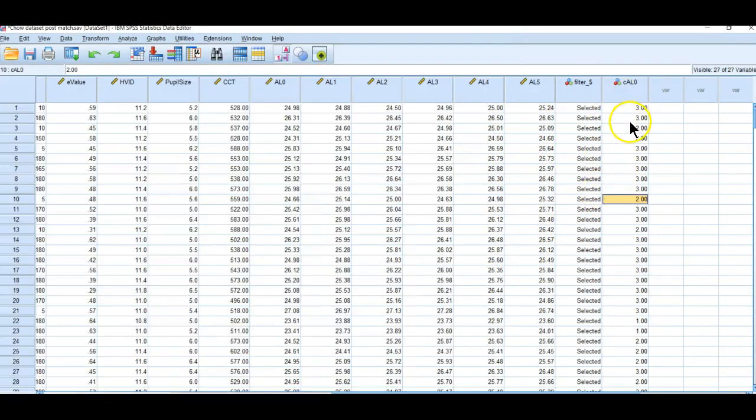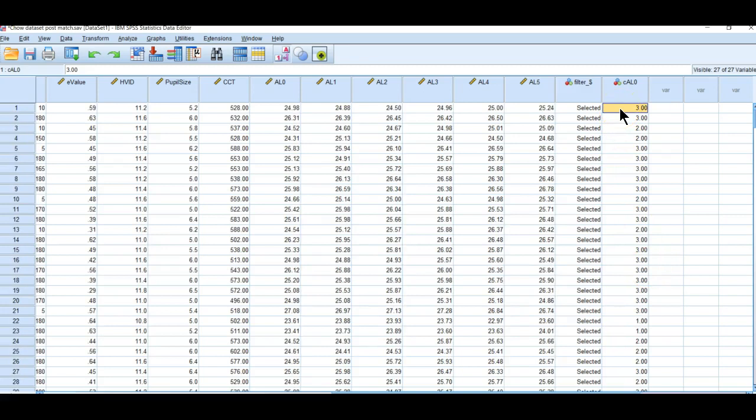So, for example, this first one, the category is 3. And if we look at baseline, 24.98 was really that big value. 26 is also up there, and so forth. And so we've got all our values categorized.